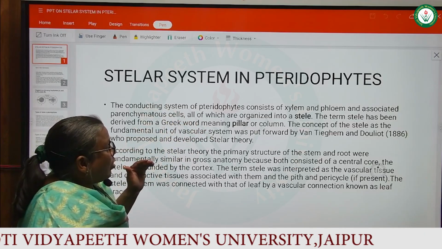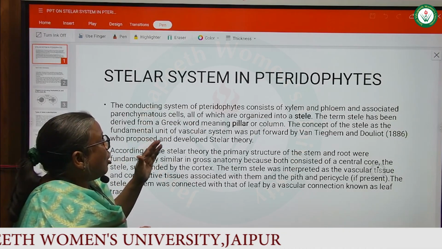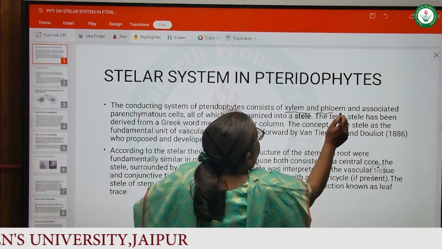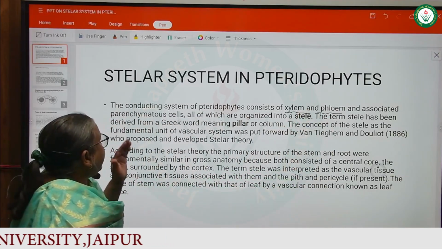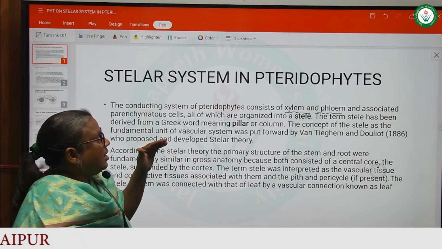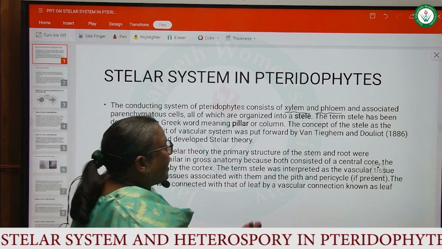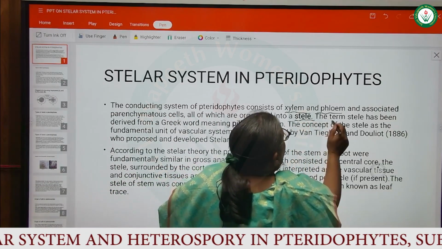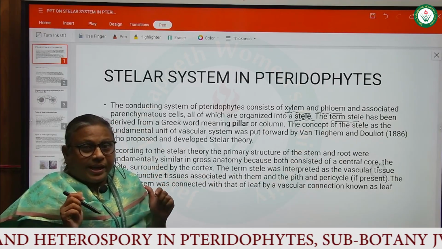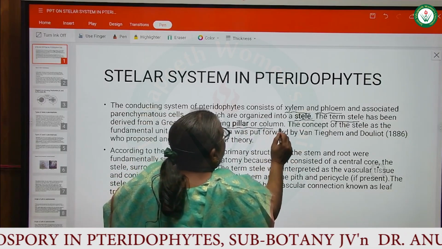Well, what is a stele? The conducting system of pteridophytes consists of xylem and phloem and is associated with parenchymatous cells, all of which are organized into a stele. The term stele has been derived from a Greek word meaning pillar or column.